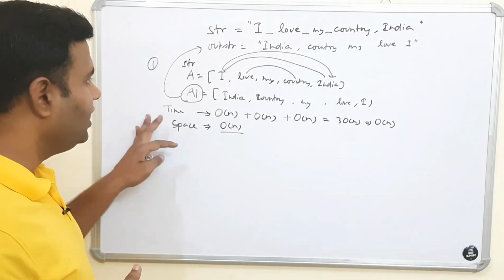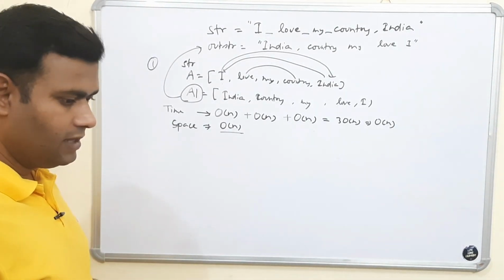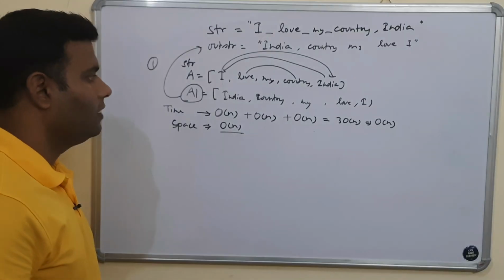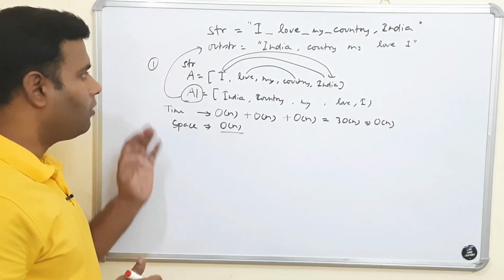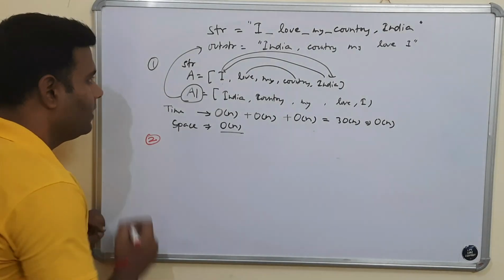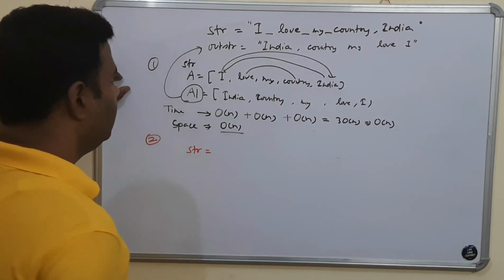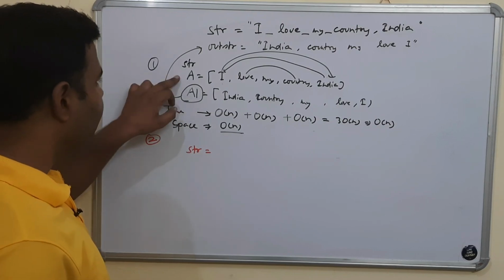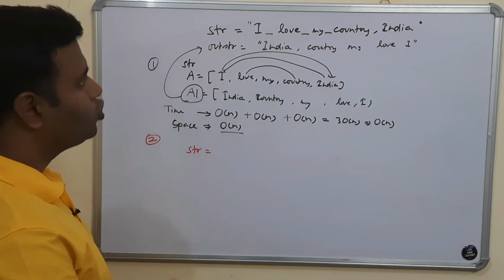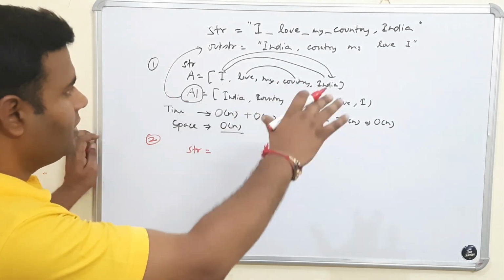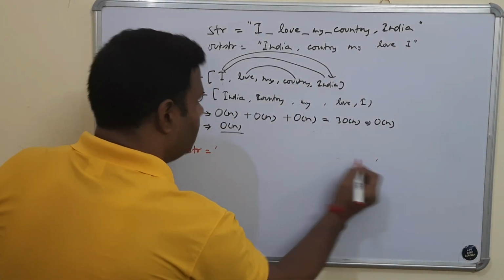Now if I ask, can you reduce it further? The solution for this problem can be, let's say you are given a string. Instead of tokenizing it and adding it in an array, what if you swap the whole string?